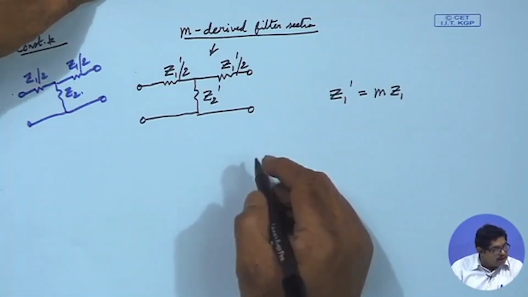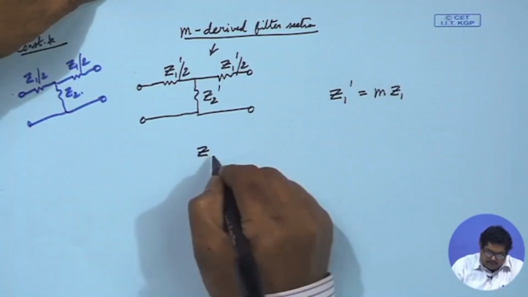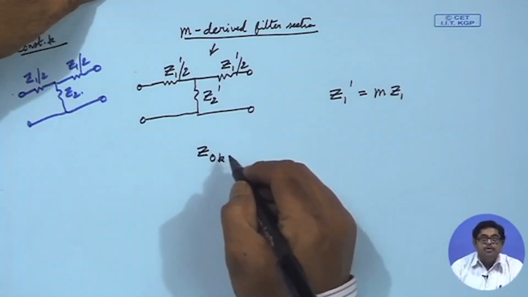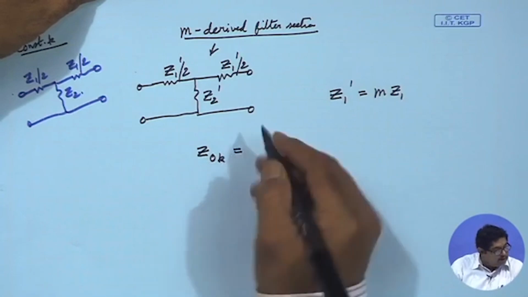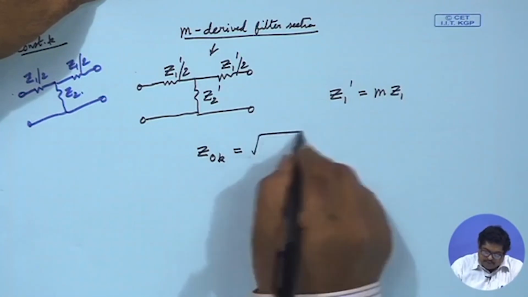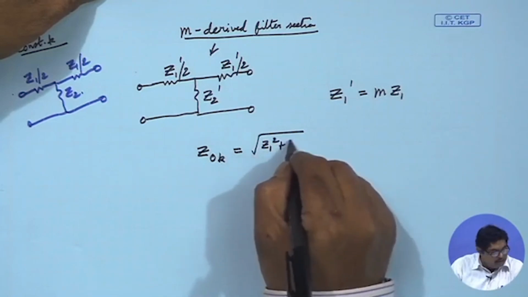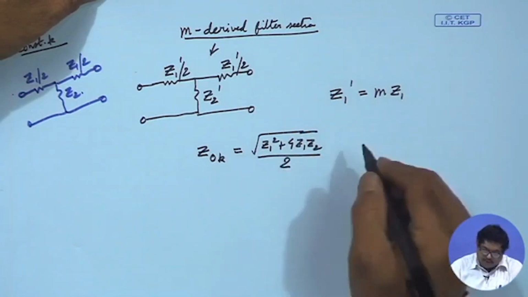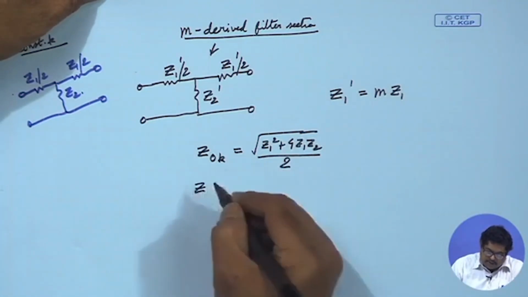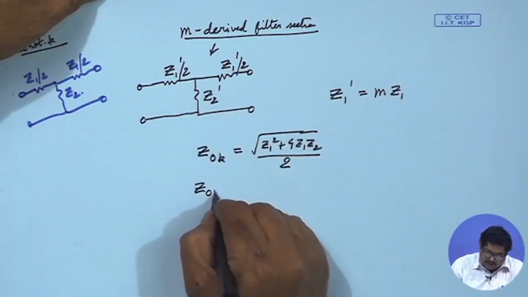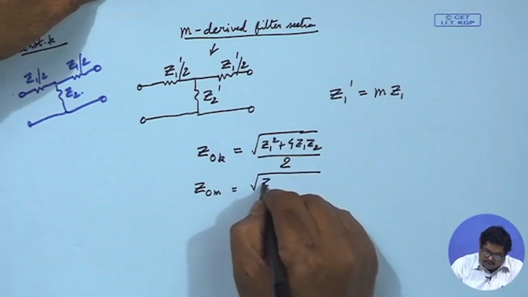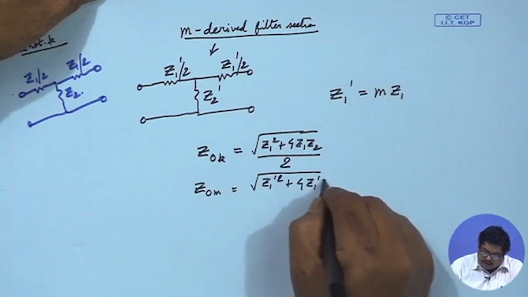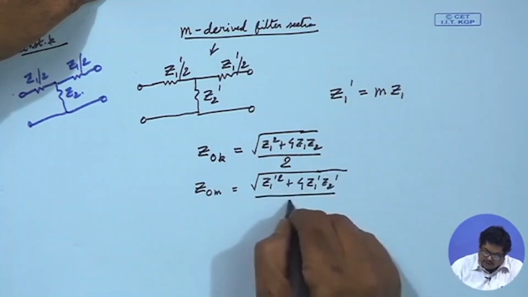So, what was the characteristic impedance of constant k? If I call that Z0, this time I am using a subscript k to remind you that it is constant k, that was root over Z1 square plus 4 Z1 Z2 by 2, and the new m-derived filter characteristic impedance will be root over Z1 dashed square plus 4 Z1 dashed Z2 dashed by 2.